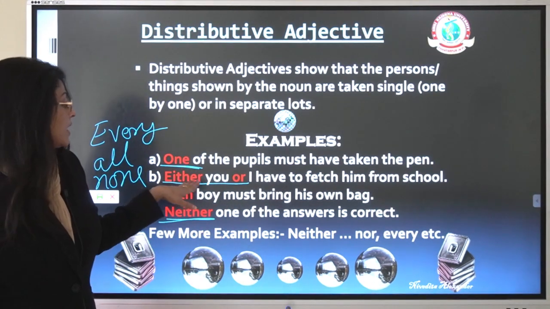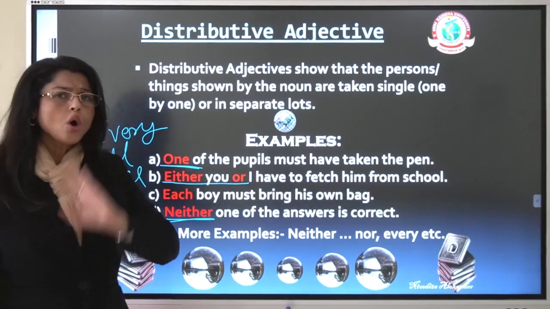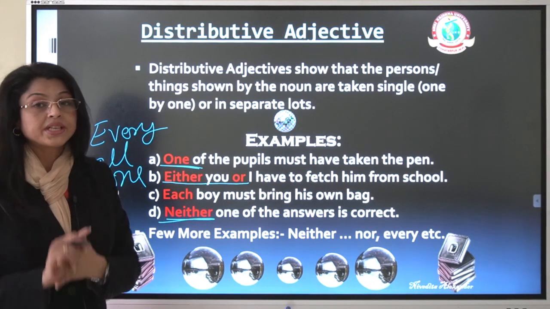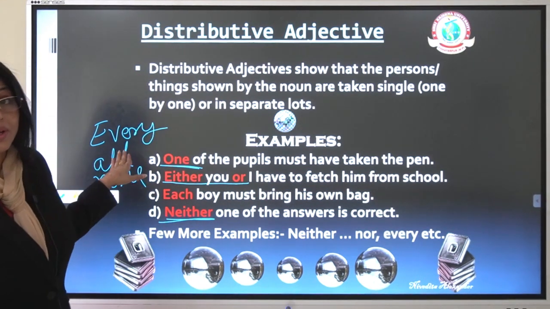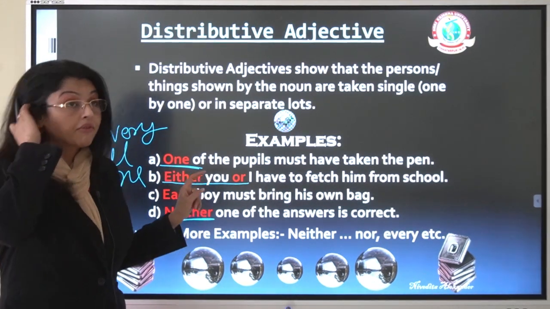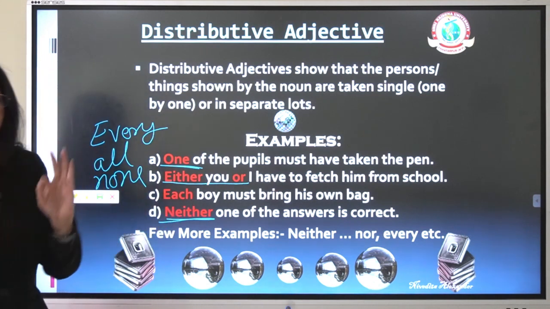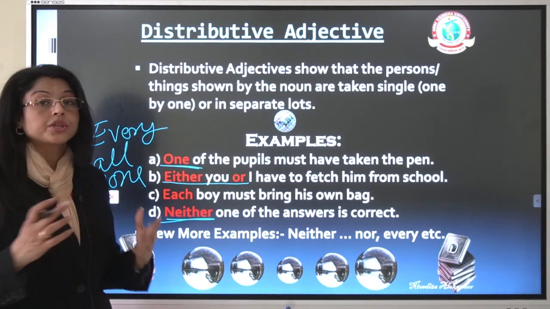Here, either or, I have to fetch him from the school. All of the students were dressed up properly. So here the word all is showing the adjective, not one, not two, everyone. Every class has a digital camera.